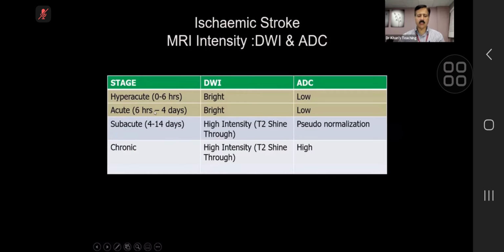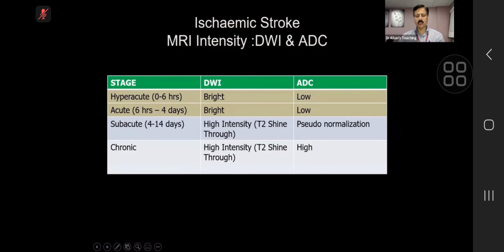Please remember that these days are not etched in stone, and don't think that the changes will be absolutely black and white. There is a bit of overlap. Having said that, if you see the signal on DWI and ADC map, till the first 4 days, the signal does not change. So this is a take-home point for you to remember. Till 4 days, there is no change.